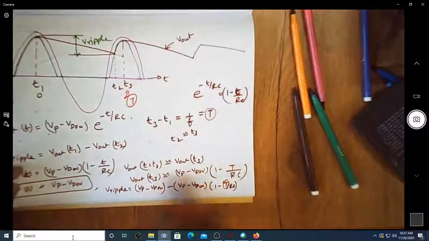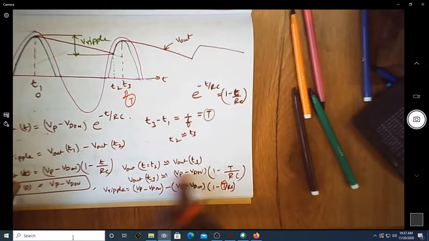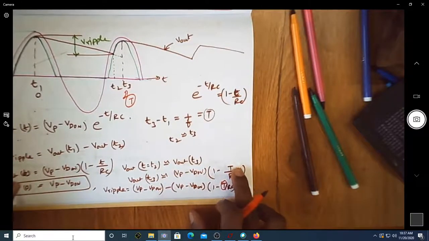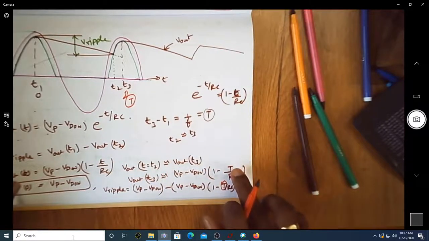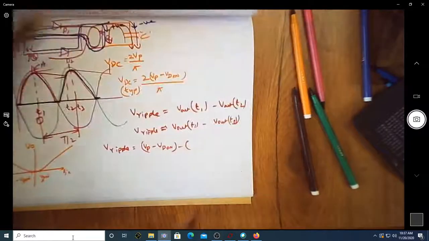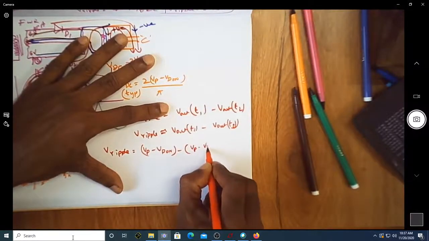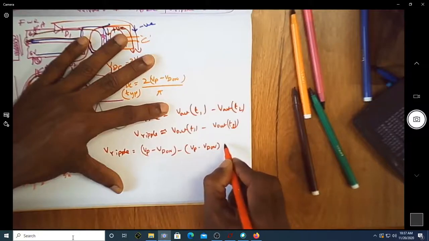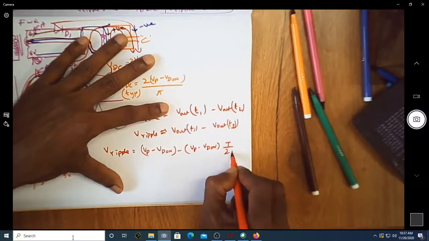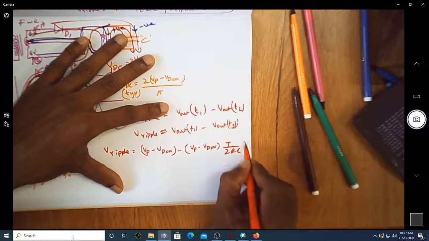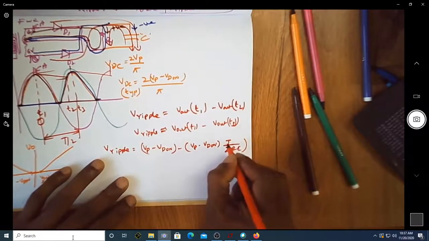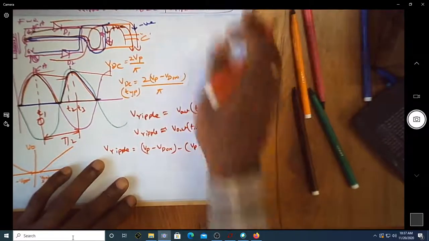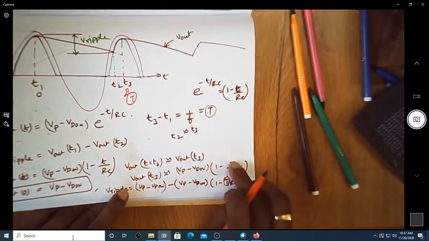As we discussed, whatever T you have, instead of replacing it by capital T, you replace it by T by 2. So it is Vp minus Vd on into T by 2 into Rc.